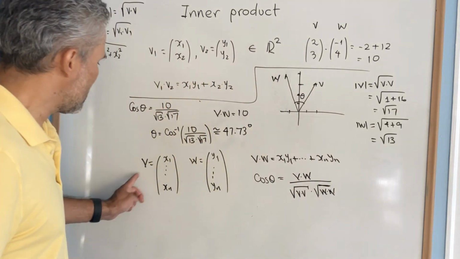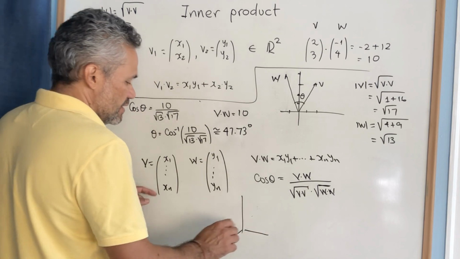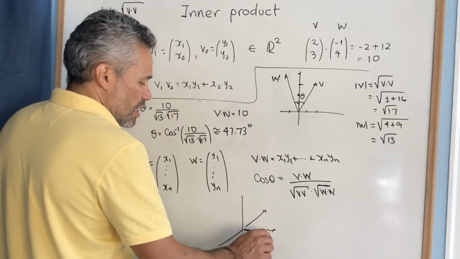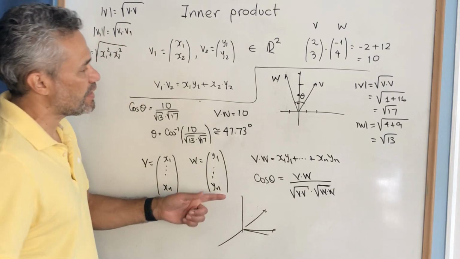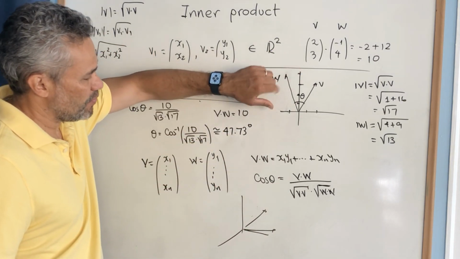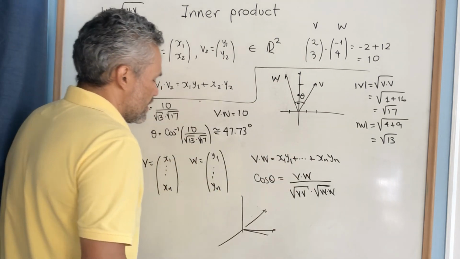The reason is that if you are working in Rn, these two vectors lie in a plane, and then the same argument we did in the plane using the cosine law works here, and we have this property.